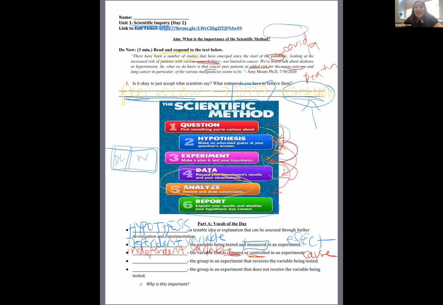So in the case of the experiment from yesterday, from day one, where I talked about my students that conducted an experiment where they tested different concentrations of bleach on hair extensions to see the different color range that the hair extensions would change. So in their case, their independent variable was the concentration of bleach that they used on the different hair extensions.